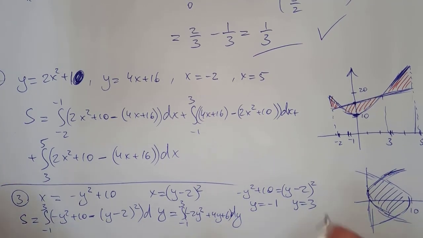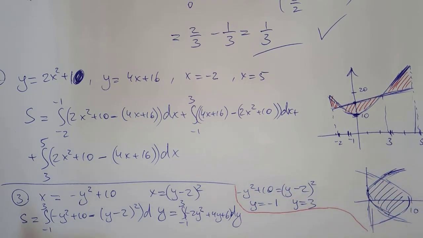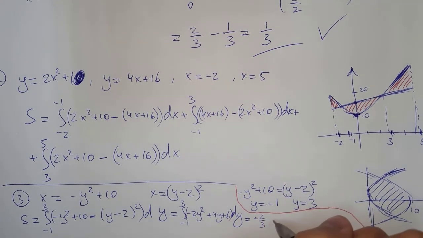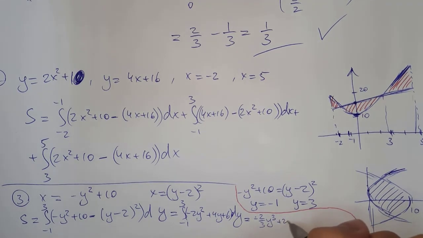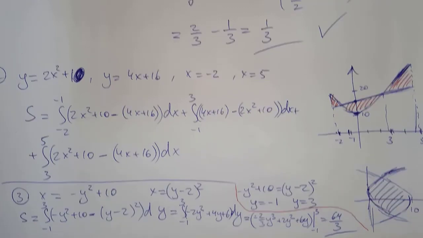And after finding the primitive, it will be -2 over 3 y cubed plus 2y squared plus 6y. Then from -1 to 3. So the answer is here 64 over 3 we'll get. This is the final answer, the area.